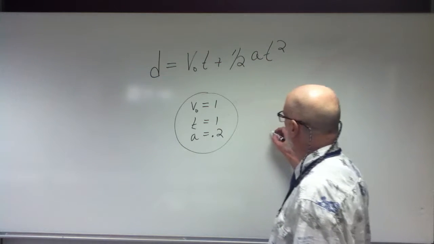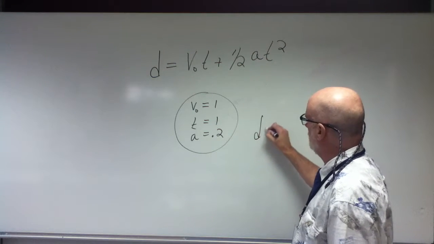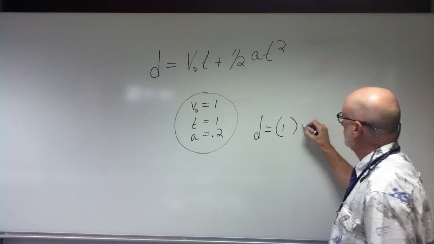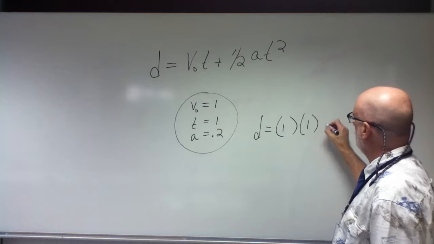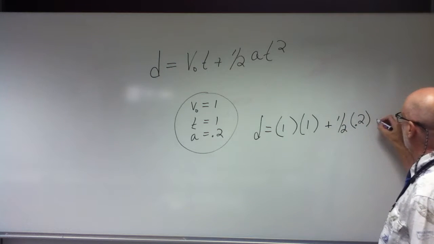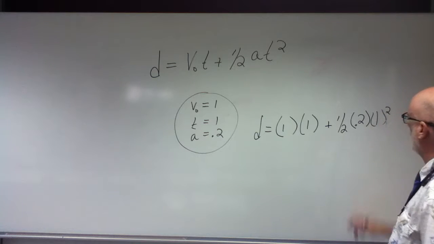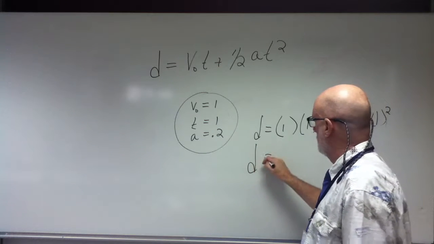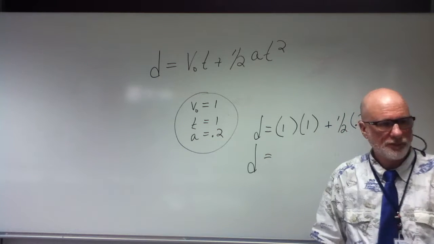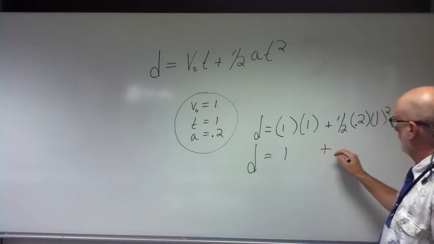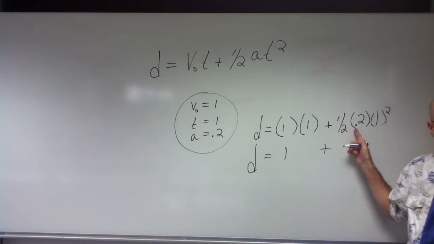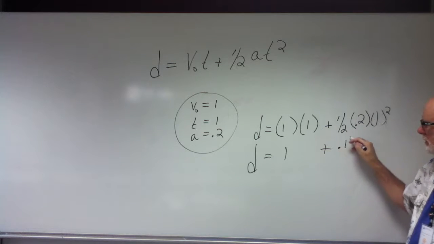Okay, all right. So D equals 1 times T, which is 1, plus 1/2 times 0.2 times 1 squared. What's the first term? What's 1 times 1? 1. What's 1/2 of 0.2? 0.1.